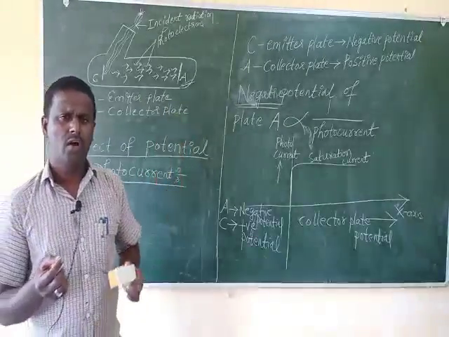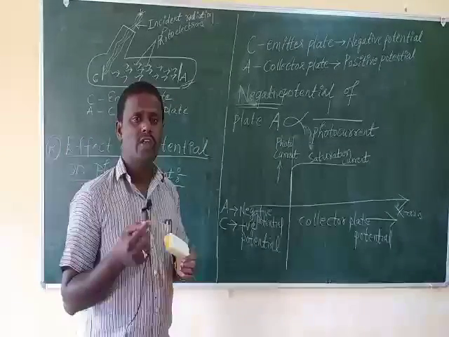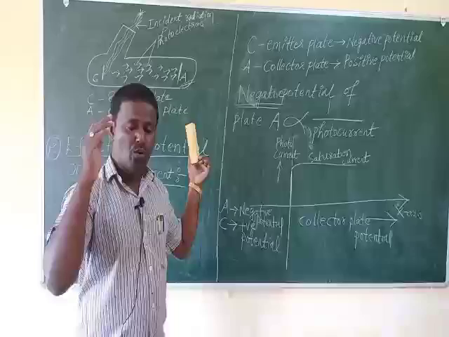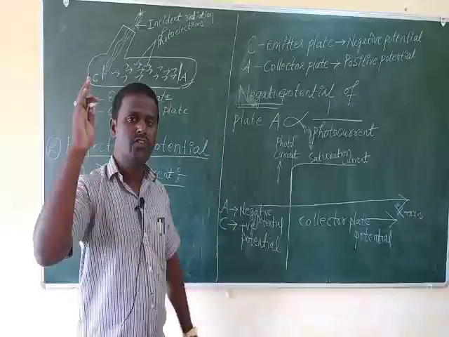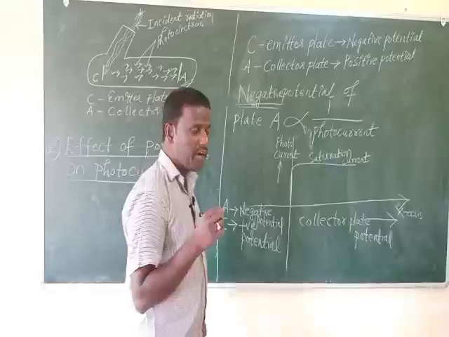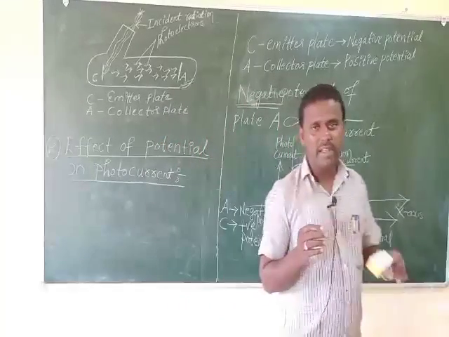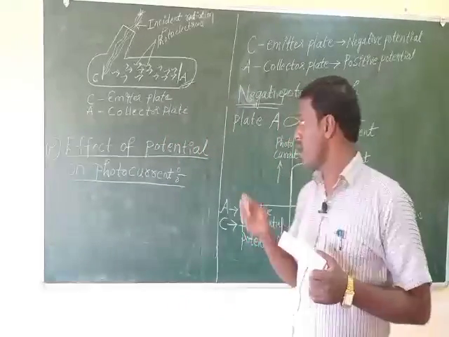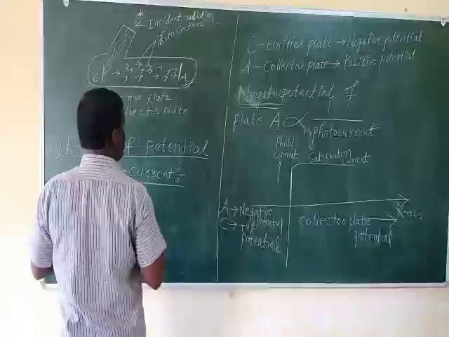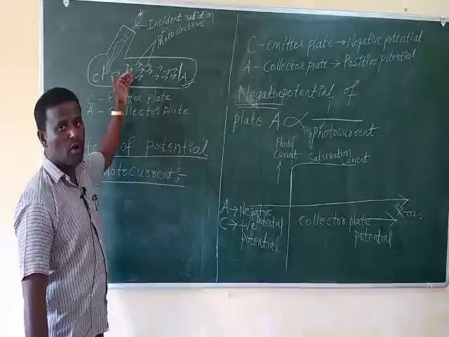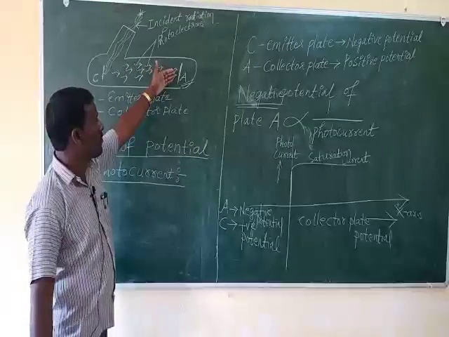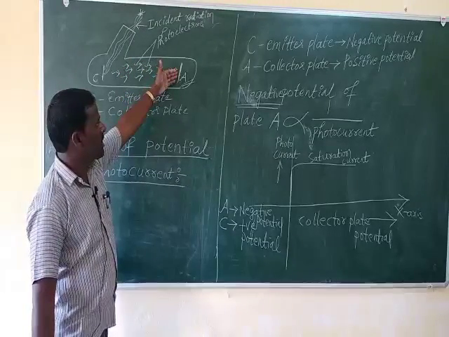Very few electrons are attracted by the plate A now, and those are highly energetic electrons. Only highly energetic electrons reach the plate A and are collected by it, and most, say 99%, of the photoelectrons do not move towards the plate A because of the change in polarity.